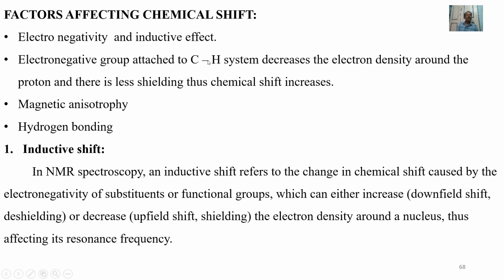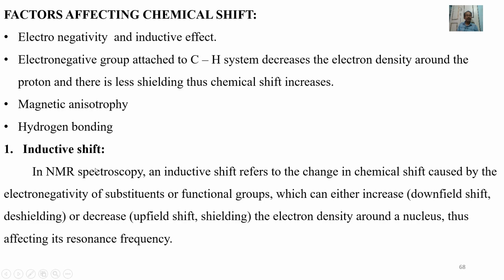Factors affecting the chemical shifts: electronegativity and inductive effect, magnetic anisotropy, hydrogen bonding. An electronegative group attached to a CH system decreases the electron density around the proton, and there is less shielding, thus chemical shift increases. The first one is inductive shift.